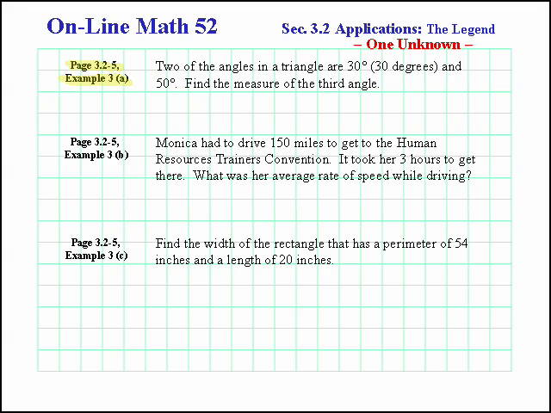The legend is something that is used on a map. On a map, you might see some symbols like this. You might see railroad tracks, and that's a symbol. It's a part of the legend. It has reference to something. It means that when you see that on the map, it's a railroad, and things of that nature.